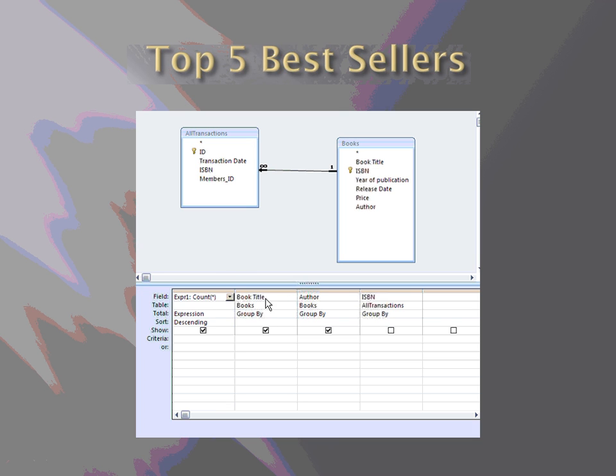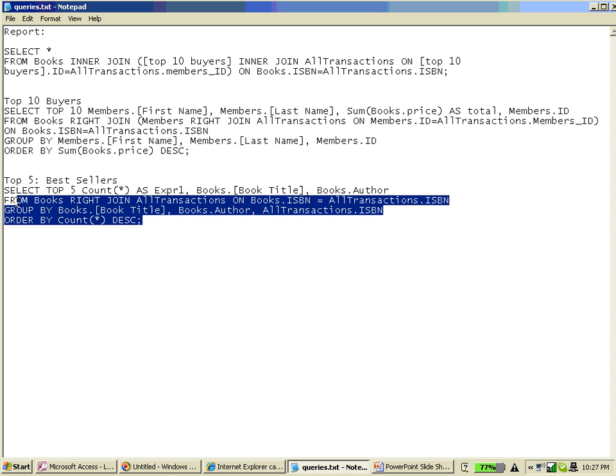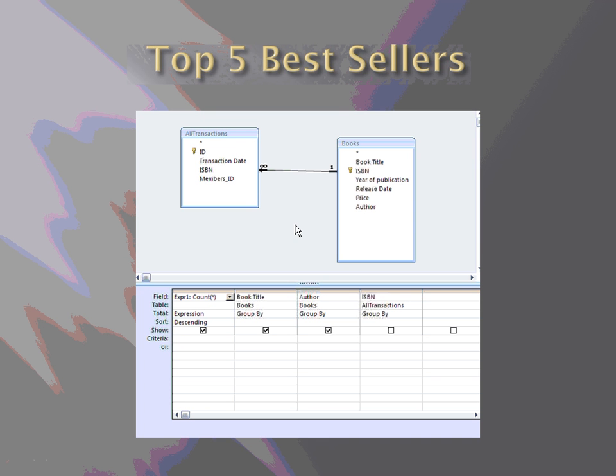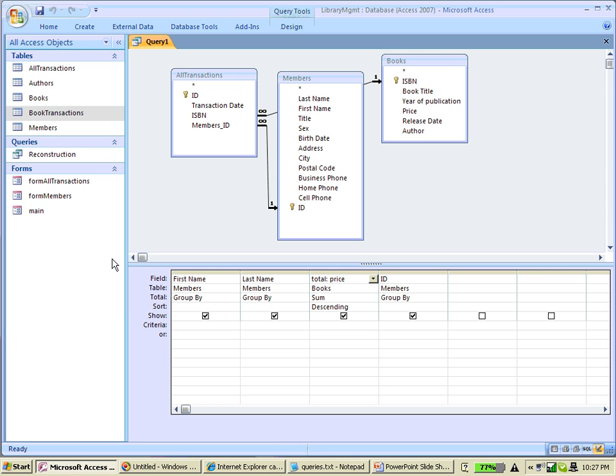So book title, group by book title, group by author, group by ISBN. Practically you should be using the query design wizard to create all those things, or sometimes if you feel comfortable, write the basic SQL query first, and then you can come back to the query design to adjust.